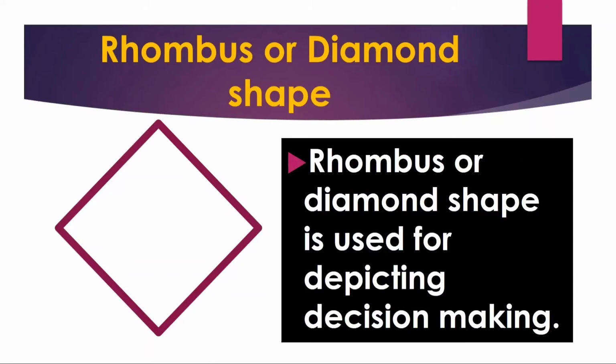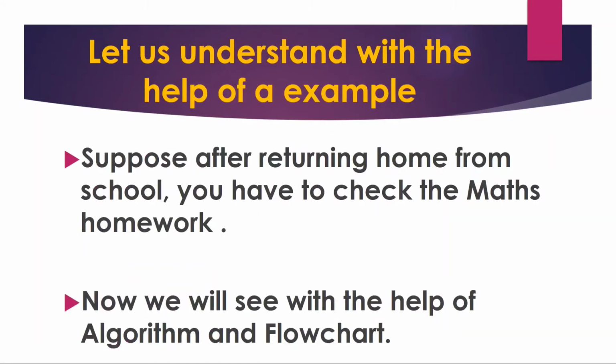And now what does the diamond shape do? Rhombus or diamond shape is used for depicting decision making. Means if yes, then go this side. If no, then do this. So if we want to take a decision in yes or no, then we will use this shape.